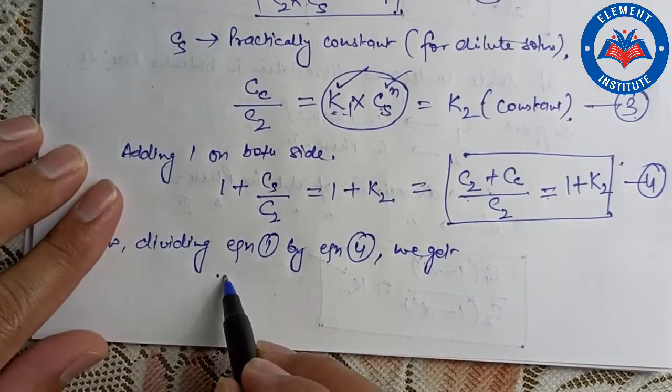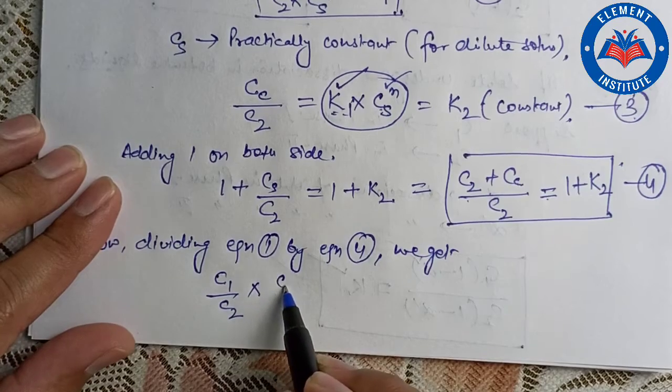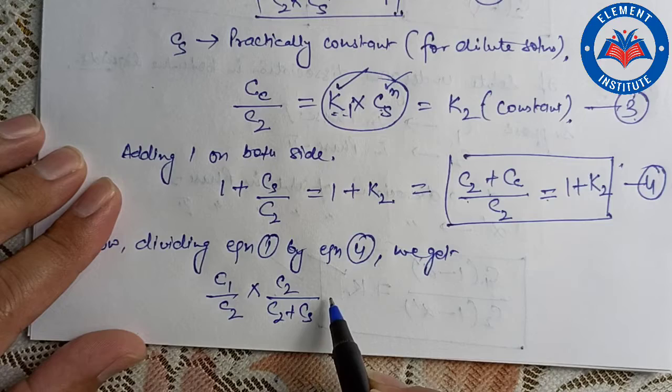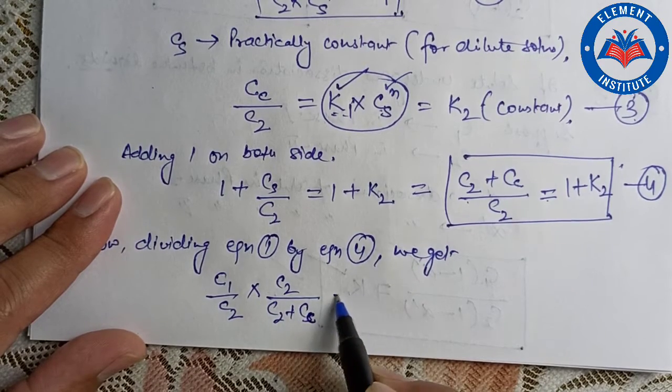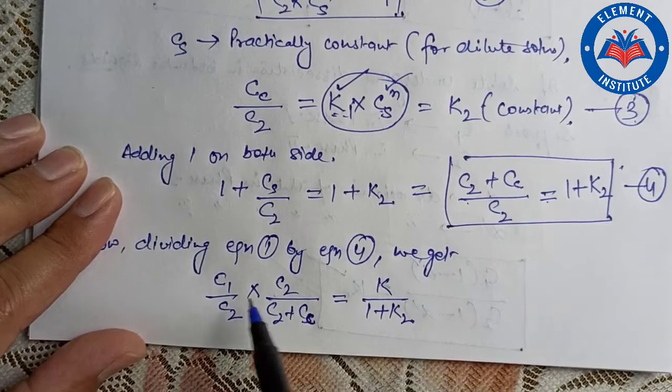Now if we divide, it becomes C1 upon C2 into C2 upon C2 plus CC equal to K upon 1 plus K2.